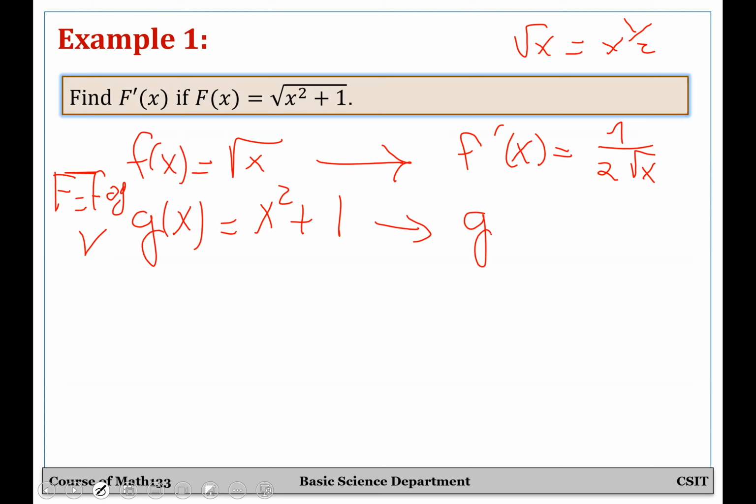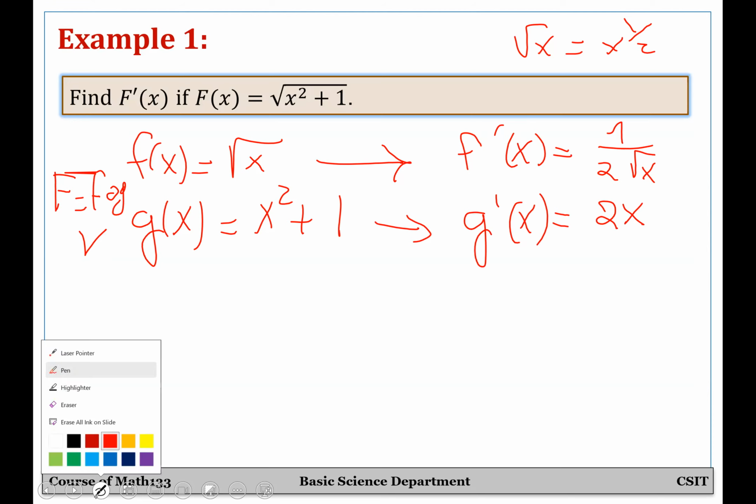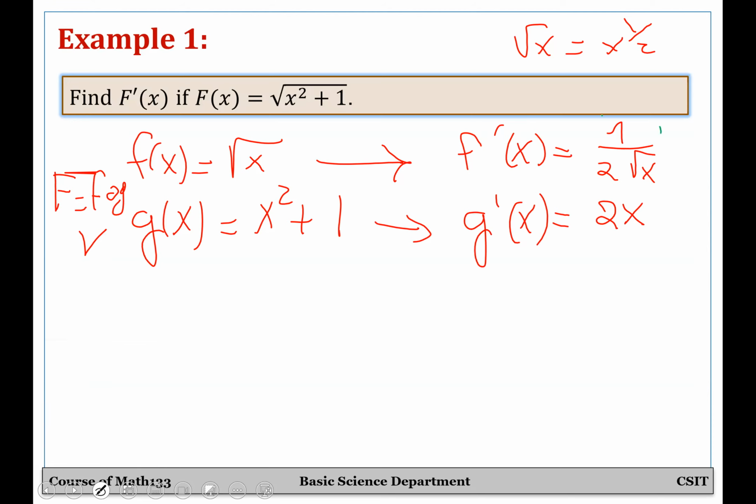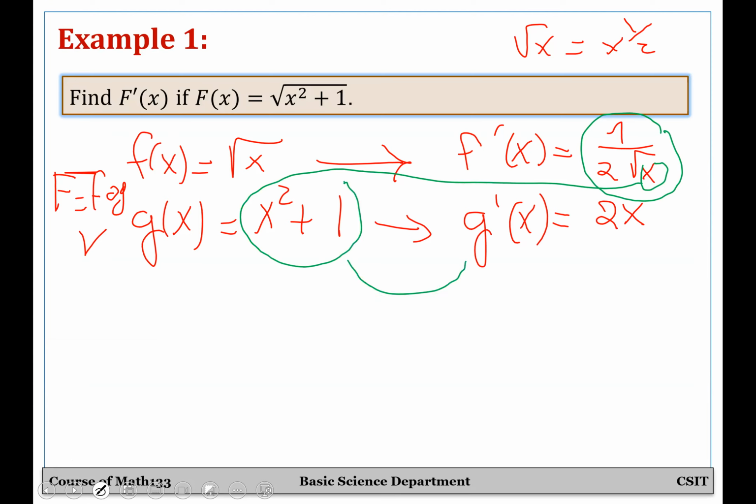Here, the derivative of g, g prime, is equal to 2x, and the derivative of 1 is 0. Okay, now you will apply this quantity, but instead of this x, you will put all this. Then you multiply by what is in g prime.